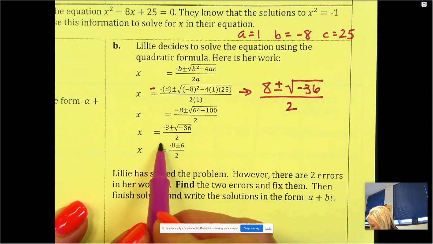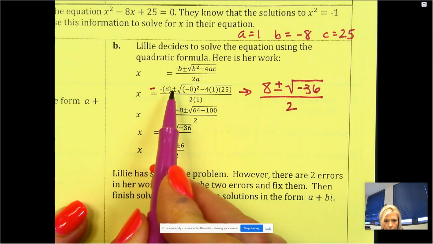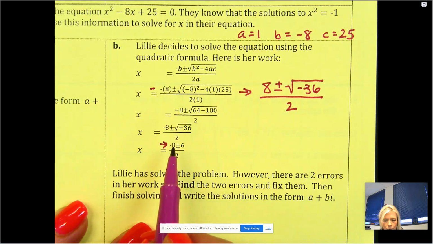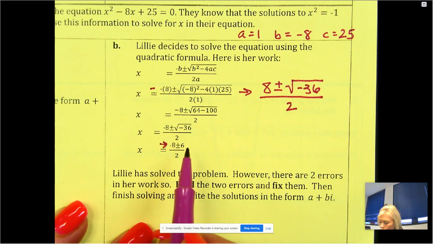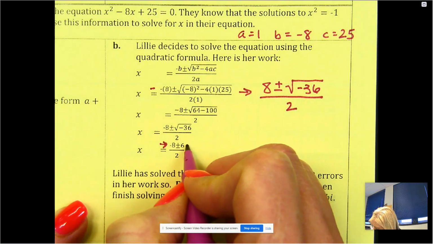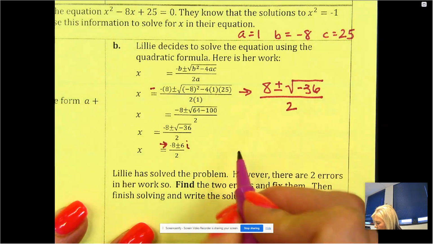So we already talked about how the 8 should be positive because it's negative 8. So that's one problem. But also, the square root of negative 36 is 6i. So she forgot to put the i right there. So we can do that over here.